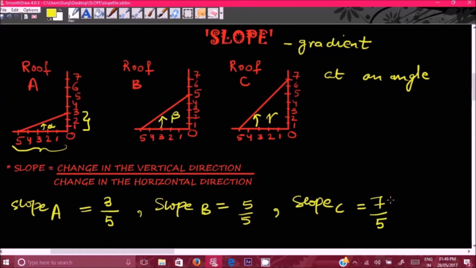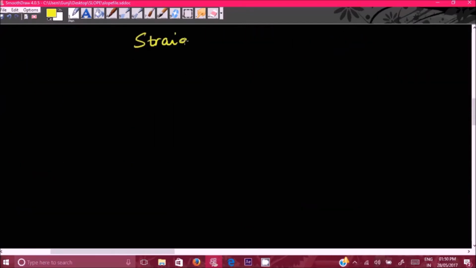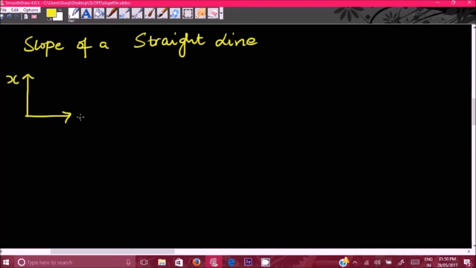Let's discuss how we find the slope of a straight line graph. Suppose we take a displacement versus time graph, which is x versus t. x is the displacement, t is the time. It's a straight line.